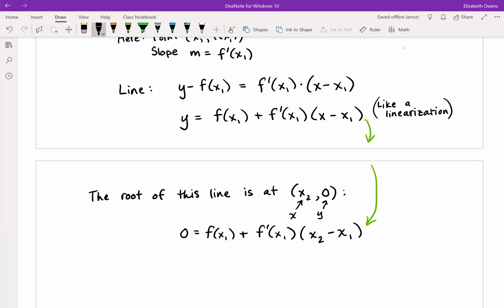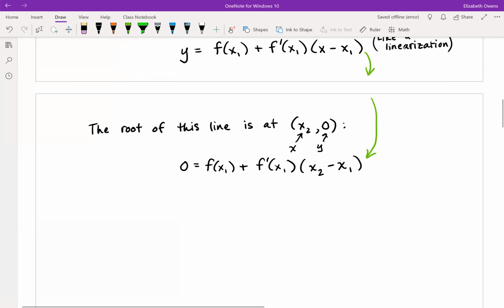So that is putting in the values of x and y, x2 comma 0, that satisfy this linear equation. And in order to find the location of our root x2, we're going to solve this equation that we've just set up here.